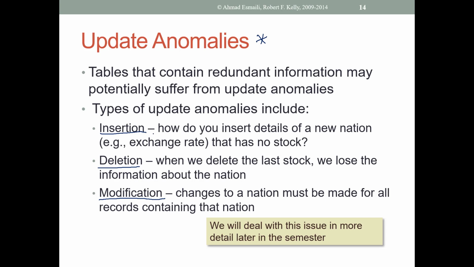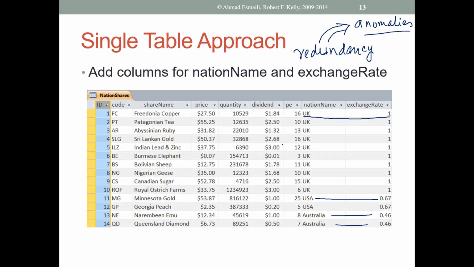So what do we mean by insertion anomaly? It says that when you have to insert the details of a new nation that does not have any stock, is that possible? If you look at this table, the main information is about shares, and then we have the remaining information about nation name and exchange rate.